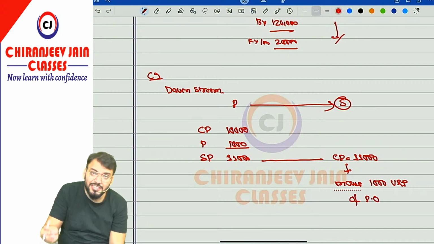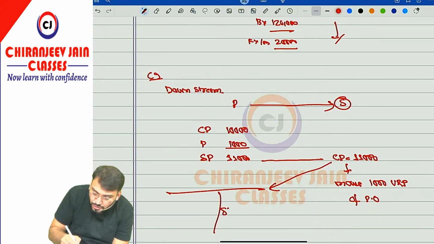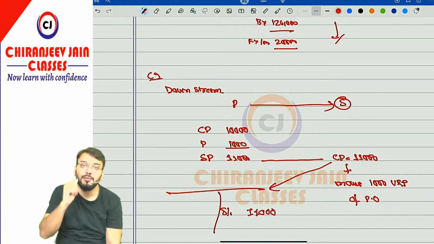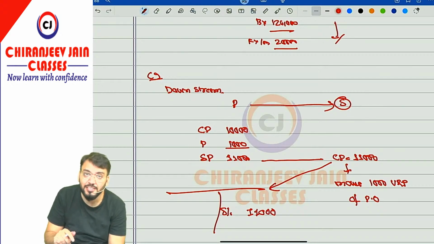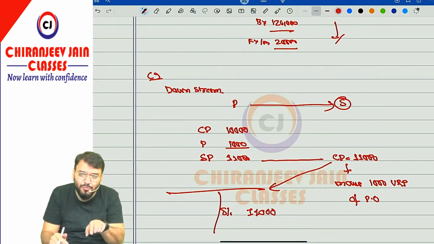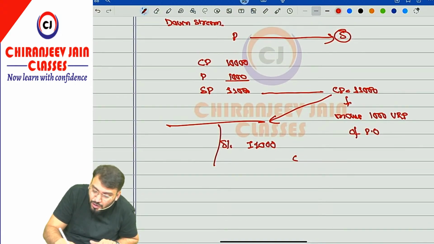Now in CFS, this stock will also come when we are preparing CFS. This stock will become 11,000, but 11,000 includes the profit of the parent company. So it is not correct now, and that profit needs to be eliminated. The profit of the parent company is included, so consolidated PL account will decrease, and inventory will decrease.